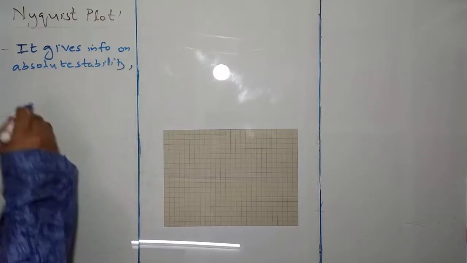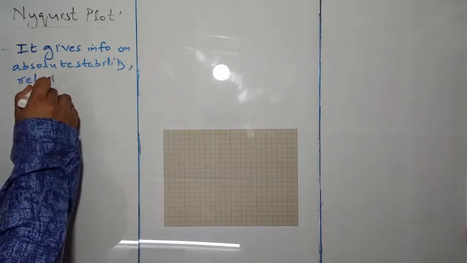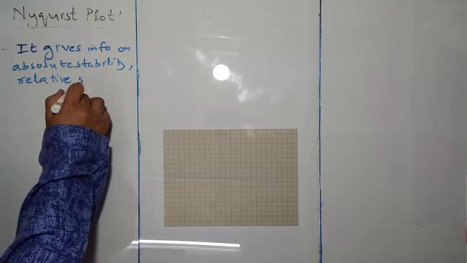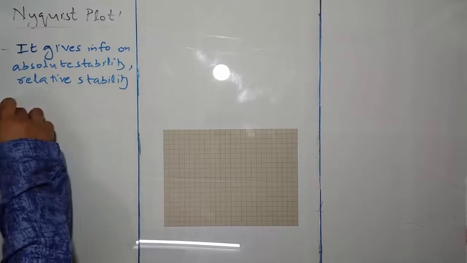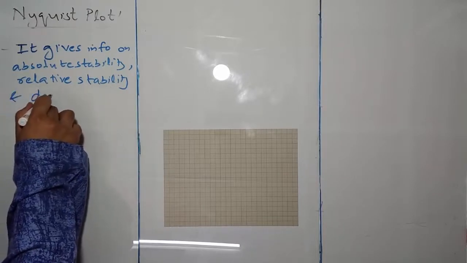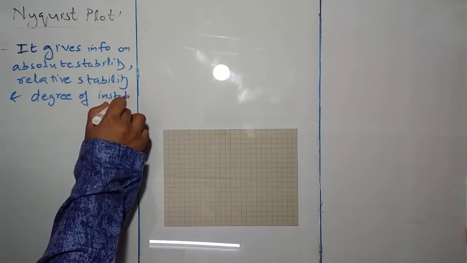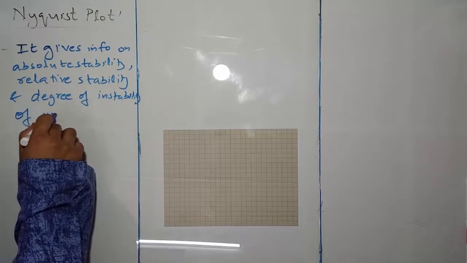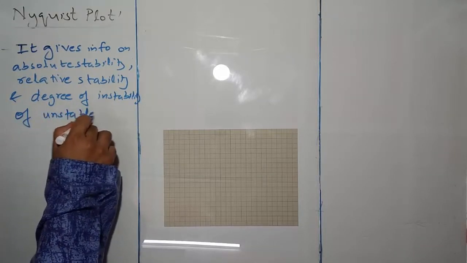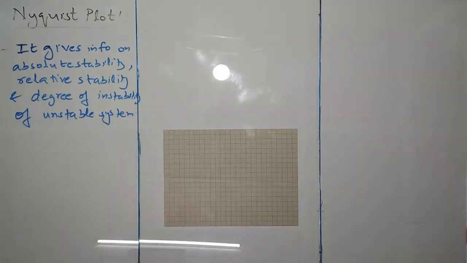As well as using Nyquist plot you can know the relative stability of two stable systems, and moreover you can find the degree of instability. Of course, of unstable systems. So these are the three pieces of information that you can attain using Nyquist plots.